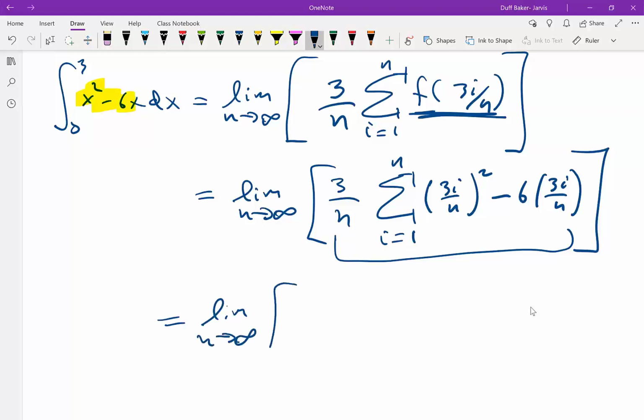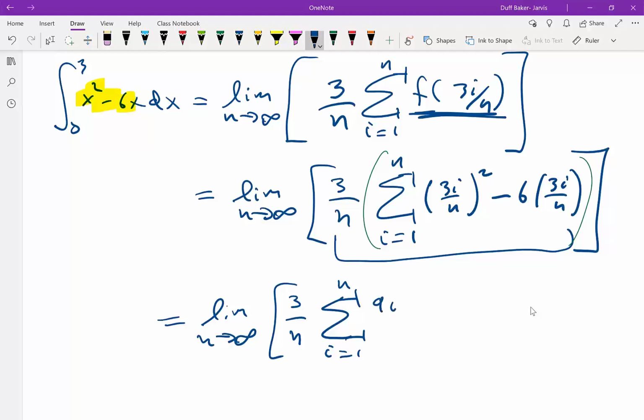Okay, so let's leave the 3 over n. We would break this up into, and an important point, a common mistake people make, is you have to understand there are implied parentheses here. So when you split this into two sums, really the 3 over n goes on both pieces. And let's just square this out.